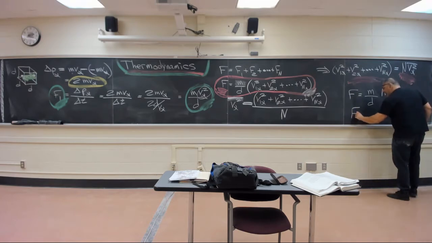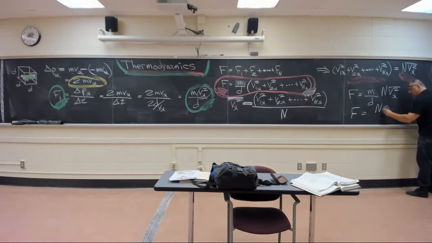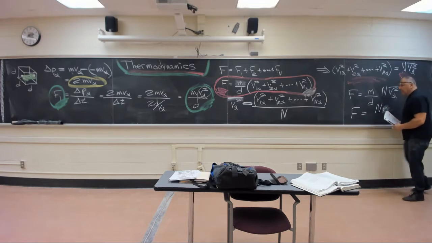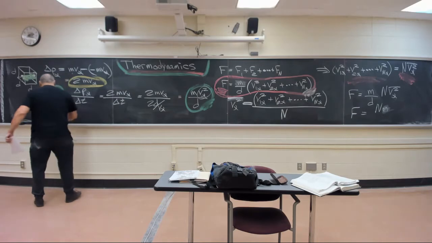Well, aesthetically, is there maybe a better way? Capital N. Let me give myself a little more room. Okay, guys, I want to make sure it's seen.